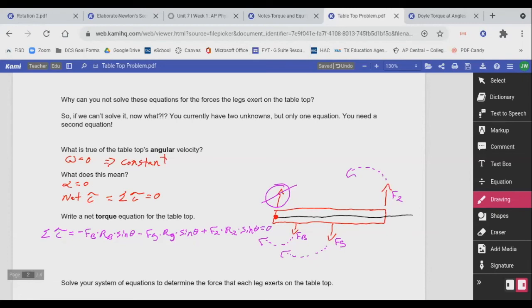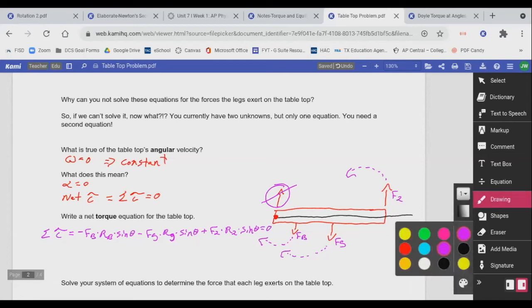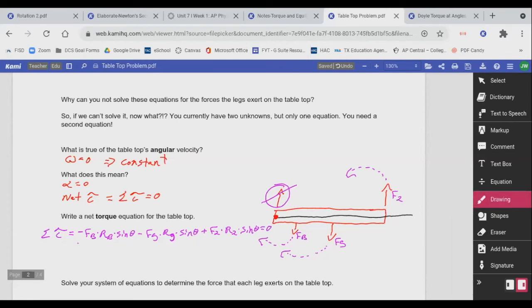But we're looking at, let me change color. Let's do red. Well, that didn't change my color at all, did it? This is my torque from the force of the books. This is the torque from the force of gravity.